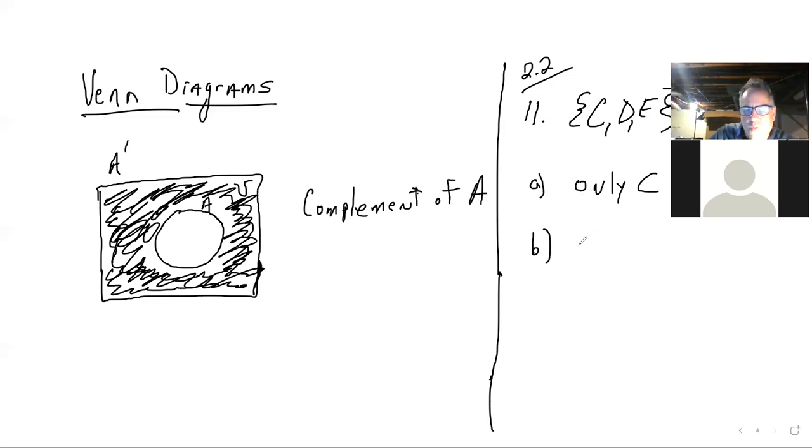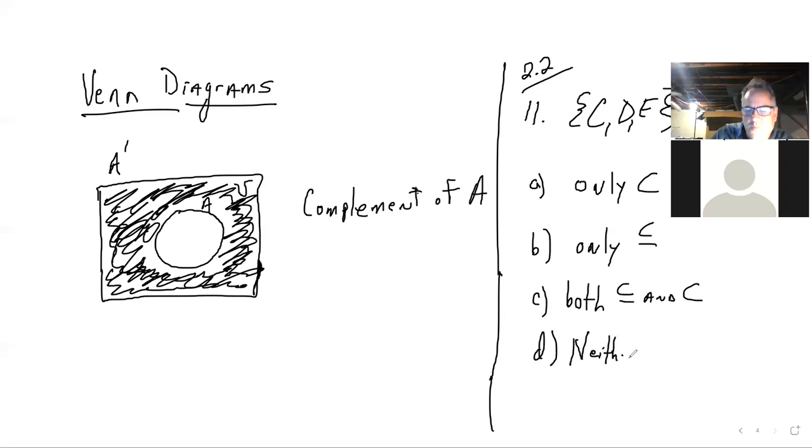B, only subset. C, both subset and proper subset. And D, neither of them. Those are my four choices. In this case, your answer is going to be C.